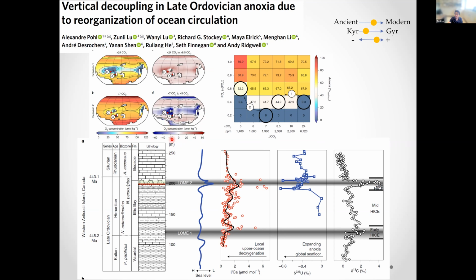This is mostly driven by the nutrient. But I just want to show these couple of studies to show you that you can really start using iodine calcium and sort of simulate a little bit of the paleoceanographic changes. You can read the details in the paper.